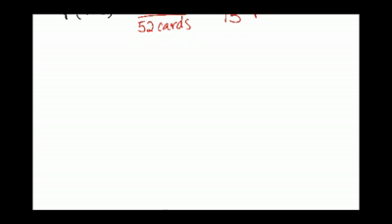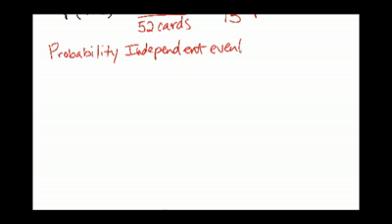Let's see, where do I want to go from here? Now, if we're looking at probability of independent events, they're disjoint. There's no intersection to these events.